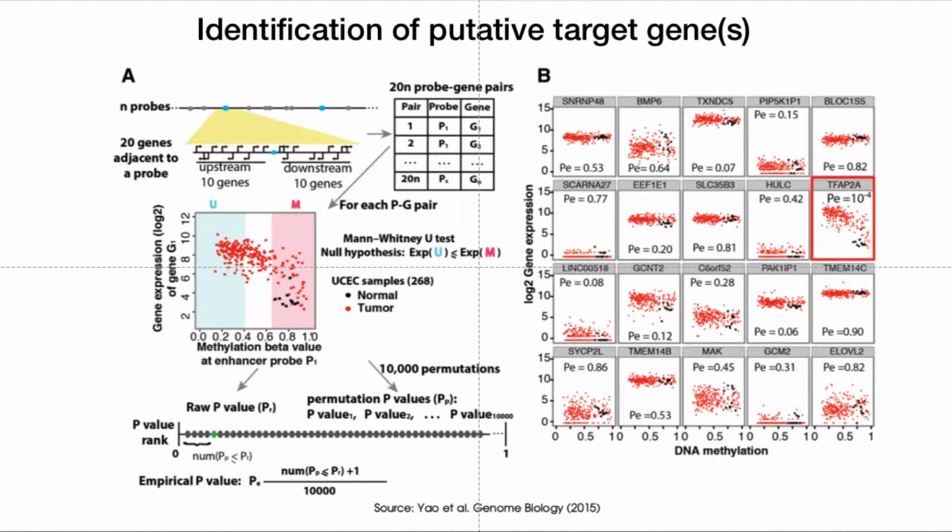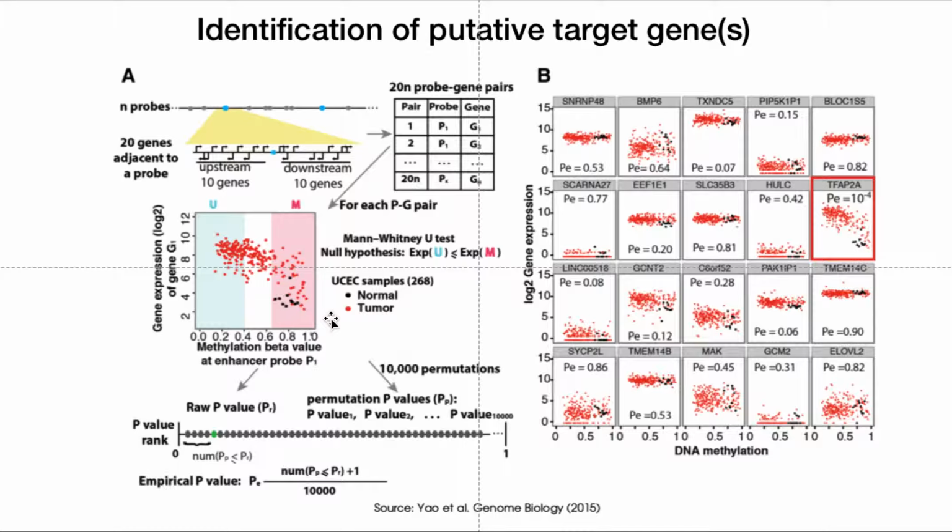Now we have our hypomethylated regions in cancer cells compared to the normal ones, and we go to the second step, which is the target gene. We take a look at the 10 upstream and 10 downstream genes, as I said previously, and for each one we look for this anticorrelation.